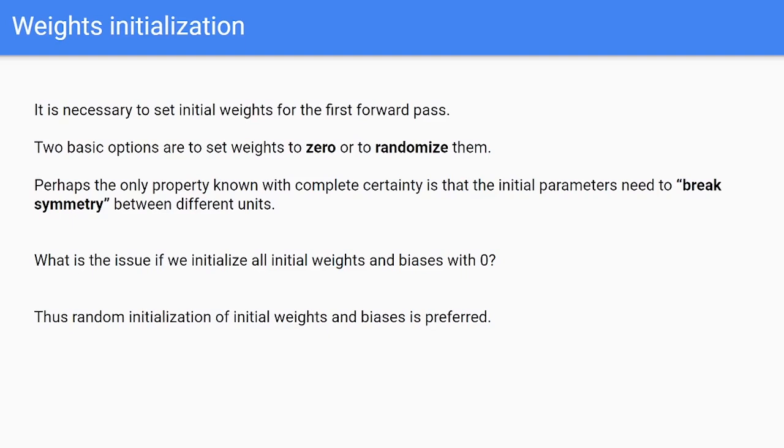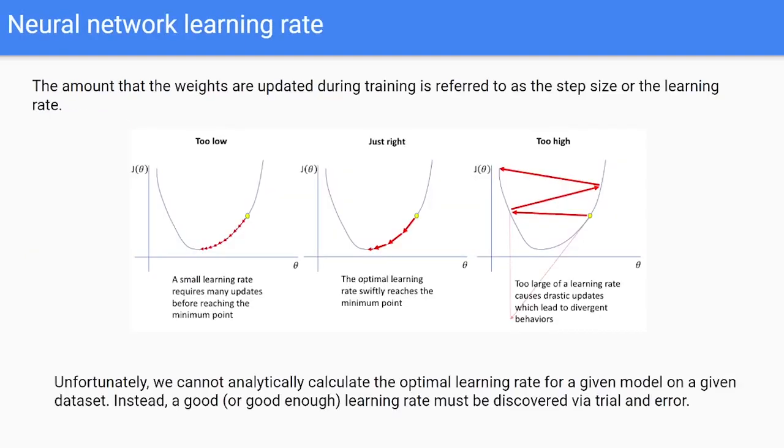If they have the same initial parameters, then the deterministic learning algorithm applied to the deterministic cost and model will constantly update both these units in the same way. Hence, if we initialize all initial weights and biases with 0, we will face this issue. Thus, random initialization of initial weights and biases is preferred.